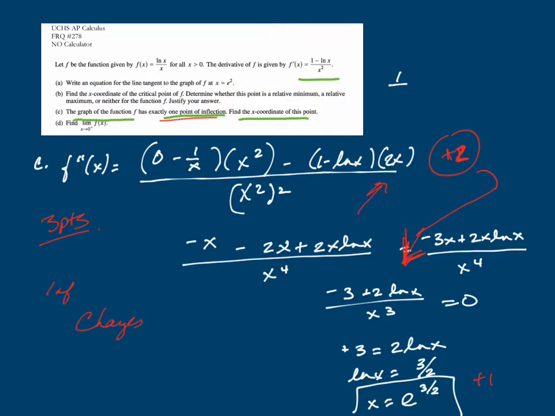So: inflection point at x equals e to the 3/2 because f prime prime of x changes sign at this point. So probably good to give that reason.